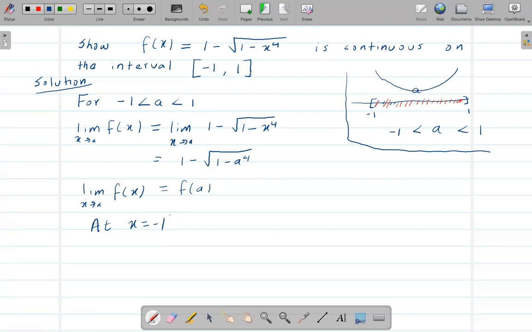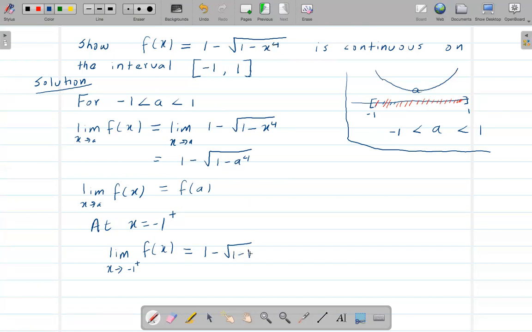There should be a positive sign on the top, which means the graph is coming from the right. So I have to look at the limit as x goes to -1 from the right of f of x. From this function, if x goes to -1 from the right, then I would get 1 minus square root of 1 minus 1 to the power 4, which is 1.